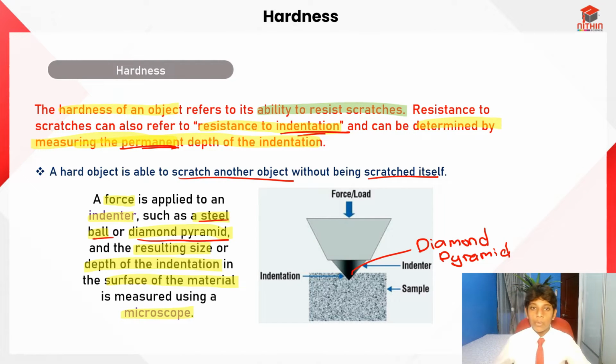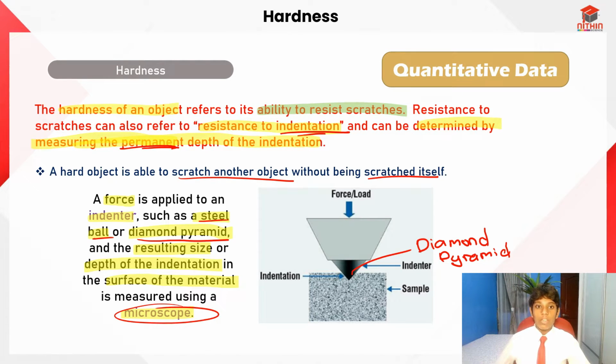We use a microscope because some of the indentation might be really small to measure, and thus we need to take a closer look at it. Here we are using the instrument microscope, so definitely it is quantitative data we are collecting.